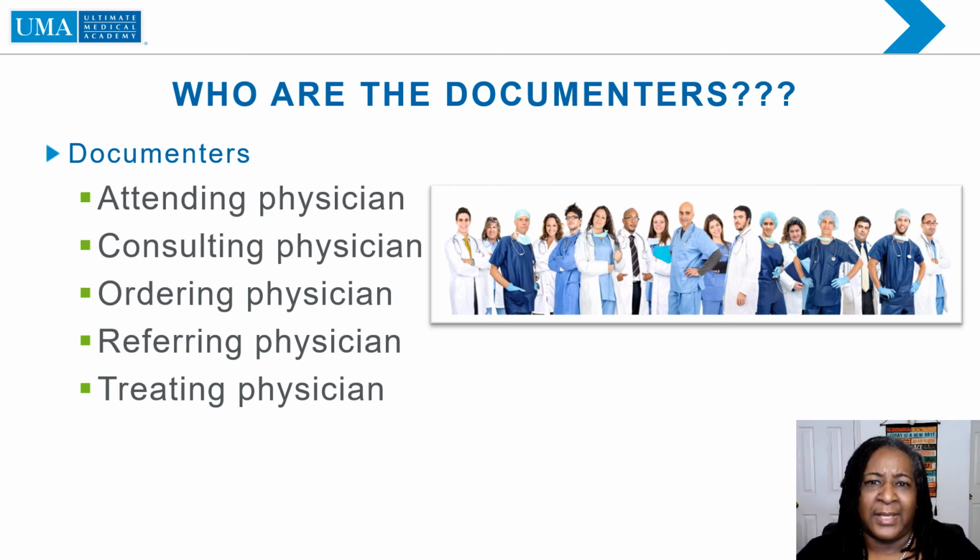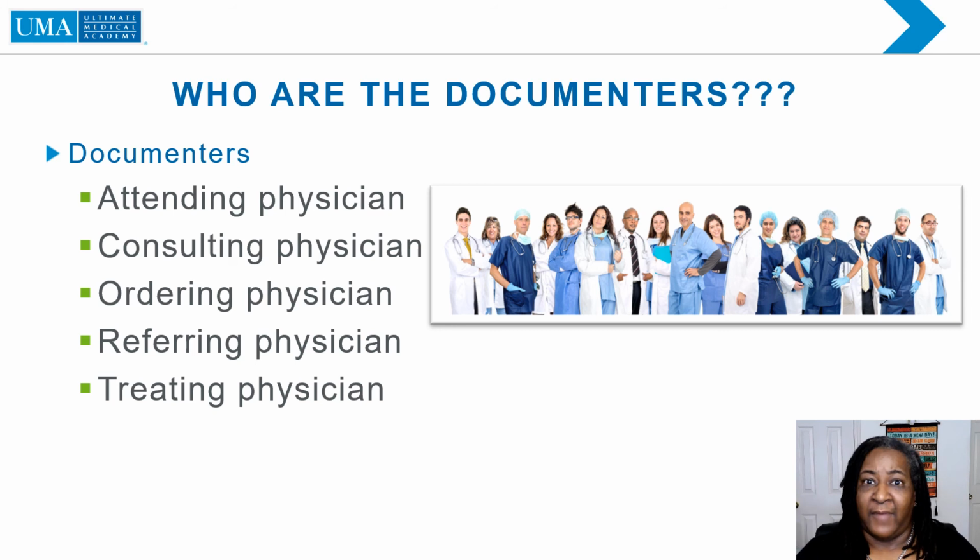Going a bit further into the clinical staff or the documenters, we are talking about the different types of physicians. Sometimes the titles for them may overlap because the attending physician is the one who provides the overall care for this patient.